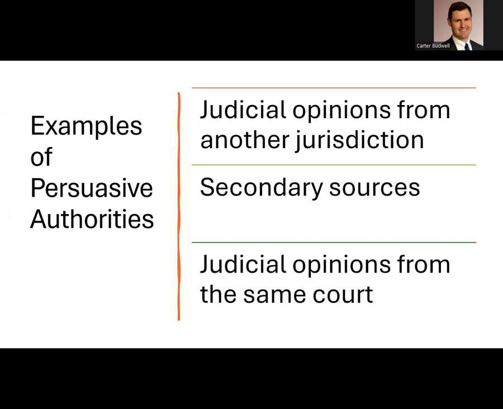So let's say I'm arguing a case in a Virginia circuit court, here in Virginia Beach, where I practice, and I find an opinion from a circuit court in Richmond. Now, it's important to note that that's not a mandatory authority on a circuit court judge here in Virginia Beach. But a circuit court judge in Virginia Beach will be very unlikely to disagree with his colleagues. So that can be a very persuasive authority.